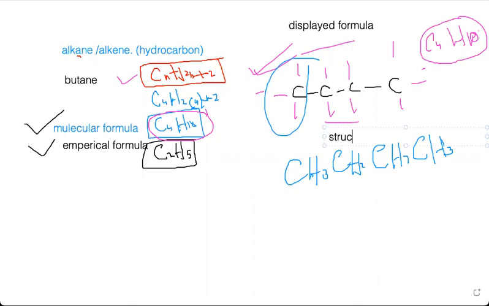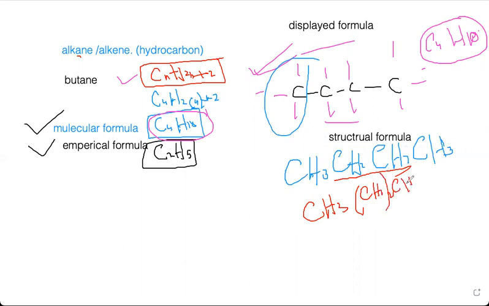This is also acceptable, but you can simplify it a little more: CH3, then CH2 in the middle, which is twice, and then CH3. This one is better. Otherwise, that one is also acceptable, but this one is better. Is it clear? Yes, it's clear to me.